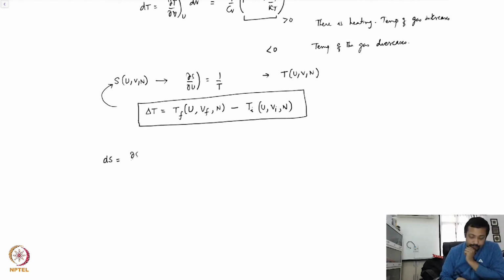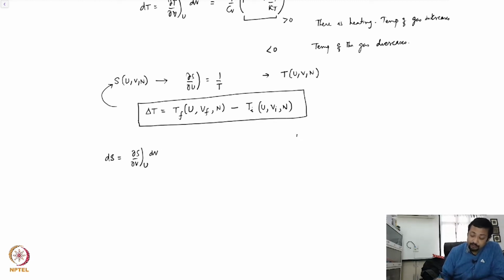so I have the change in the entropy. We follow the same procedure as we have determined the change in the temperature. We write dS as del S del V, U is being held constant, times dV.